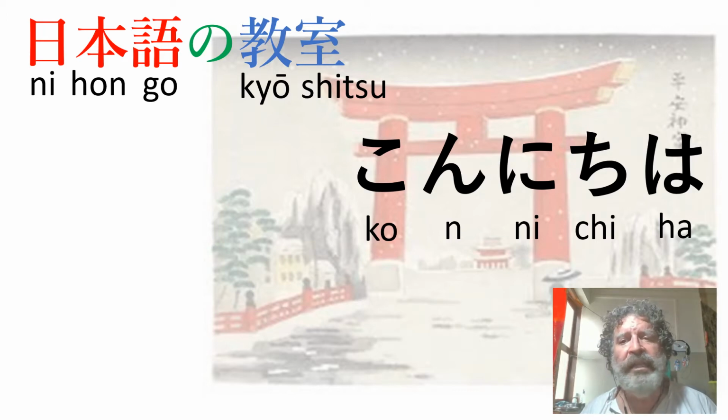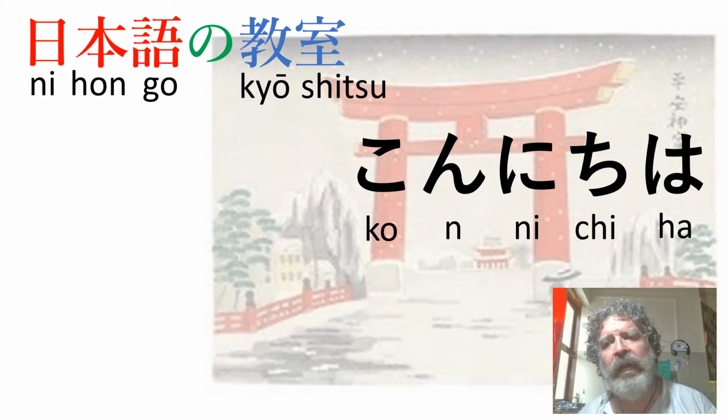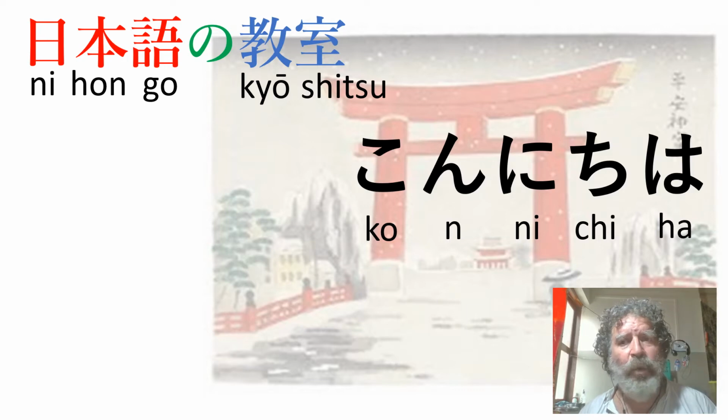Konnichiwa. Now you might be asking yourself, why am I saying wa when the hiragana is ha? This is the ha hiragana. You see a little stroke going upward. And it simply means, the wa is another particle.